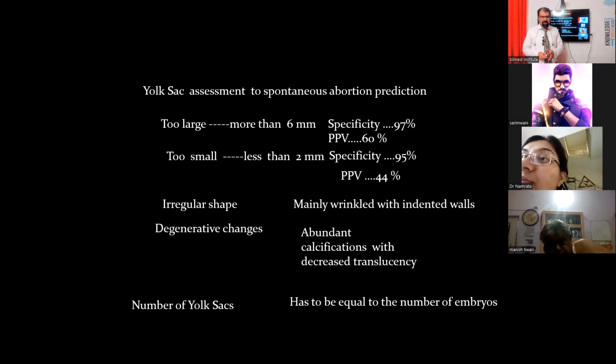Now, summing up, the yolk sac should not be less than 2 and should not be greater than 6 millimeters. It has to have a jet black center. The wall should not be calcified. And the next point is, it has to be round, round, and round only. No oval, no hexagonal, no shape is accepted except the round shape.